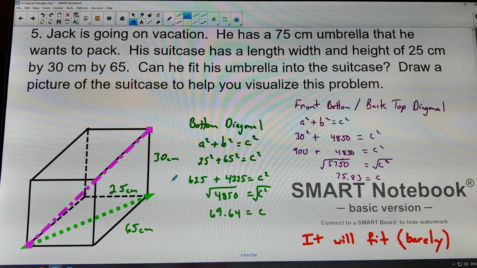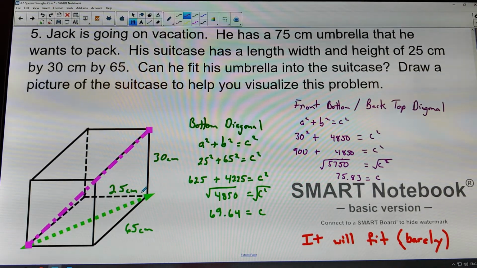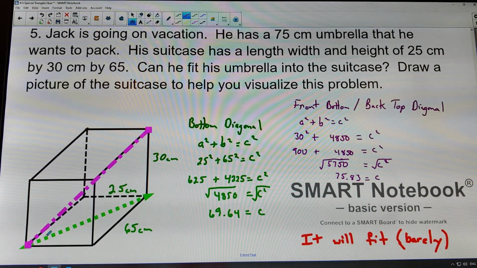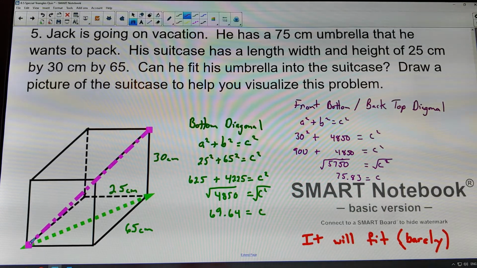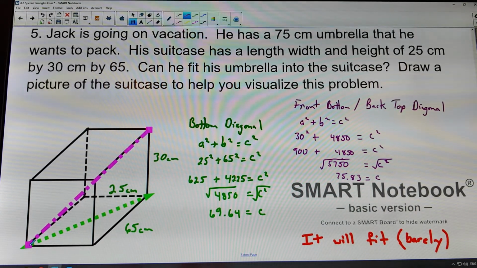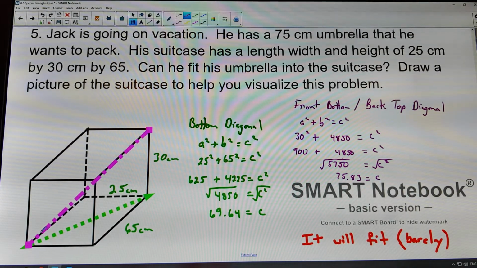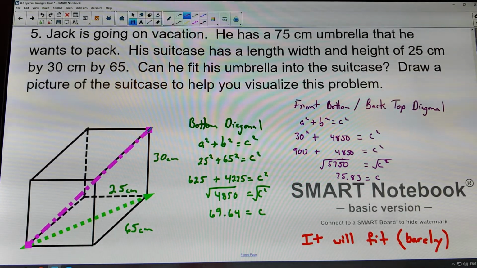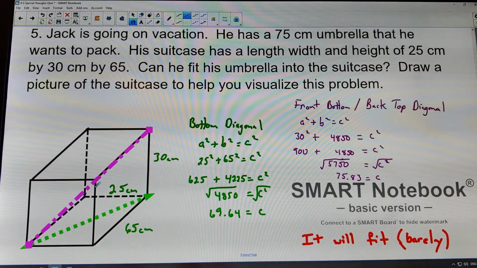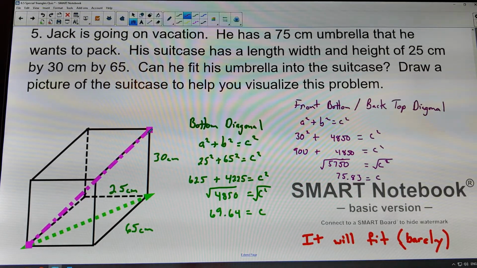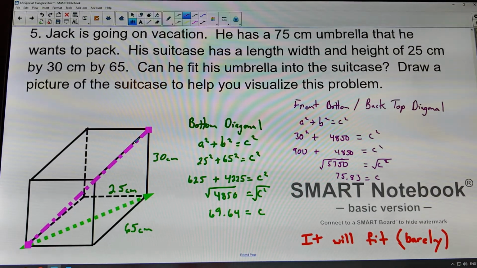And then I might as well explain it to the end. Once you know this distance, this purple line kind of represents the umbrella. So it's going from that front bottom left corner up to the diagonally opposite back top corner. So it's going through the suitcase from bottom to top diagonally, okay? Because that's going to be the longest space in there.